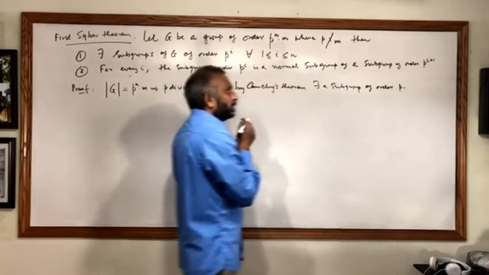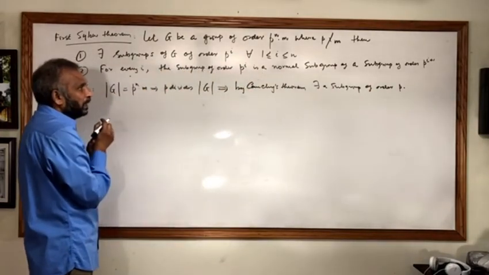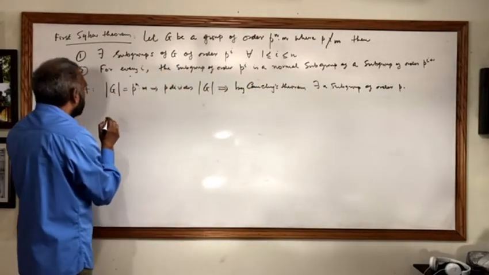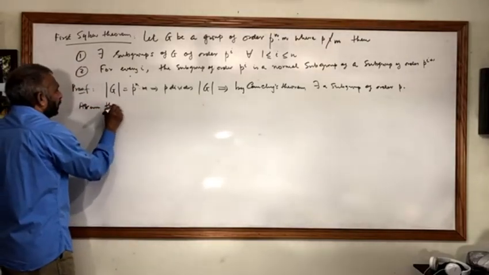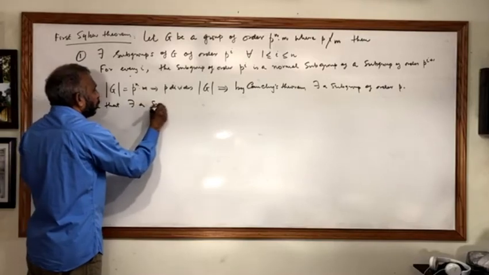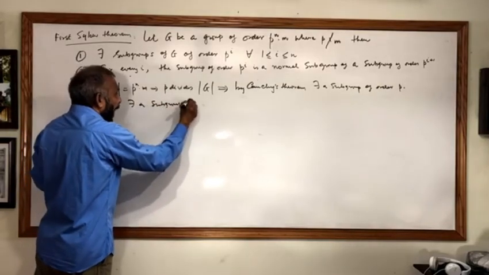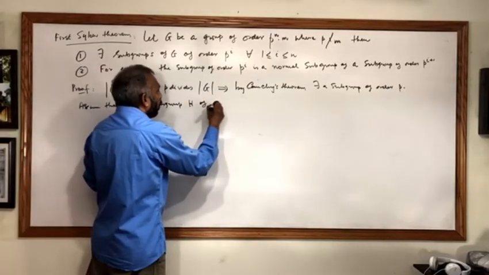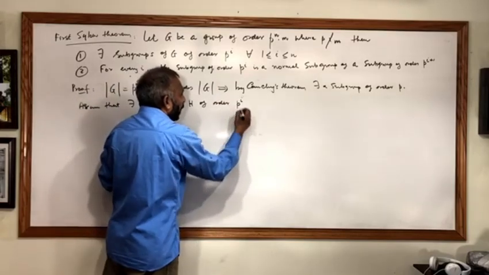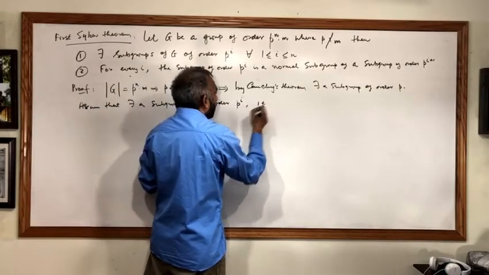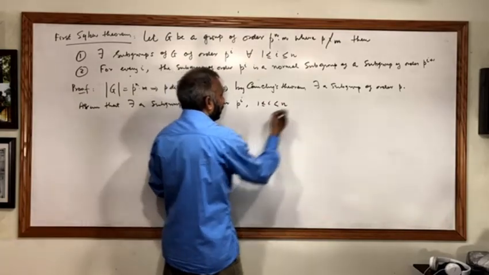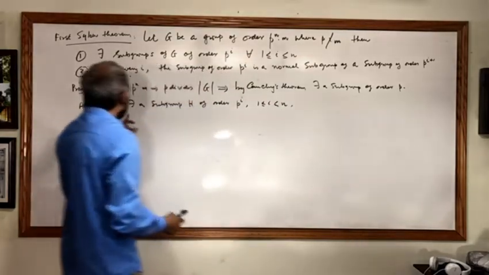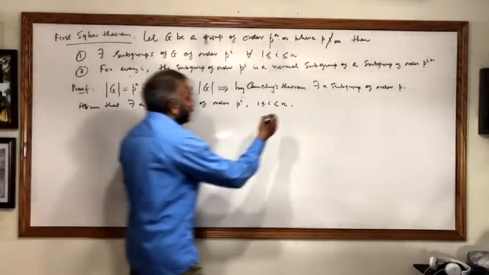So the first part is very simple. For i is equal to 1, there exists a subgroup. So I assume that there exists a subgroup H of order p to the power of i, where 1 is less than or equal to i strictly less than n, of G.